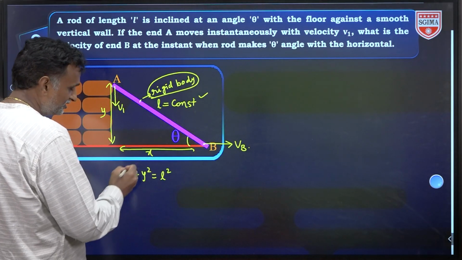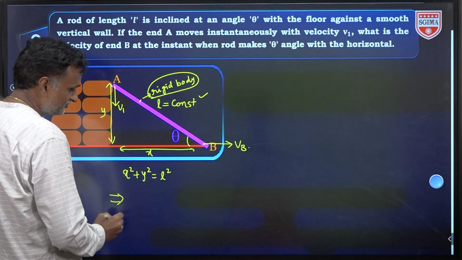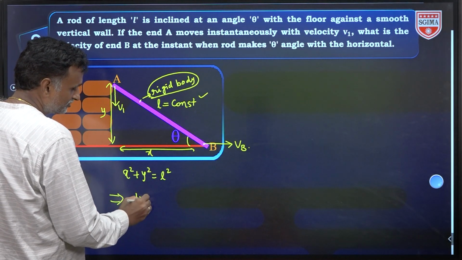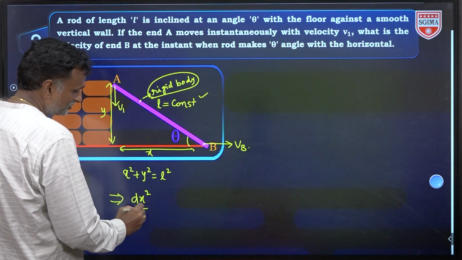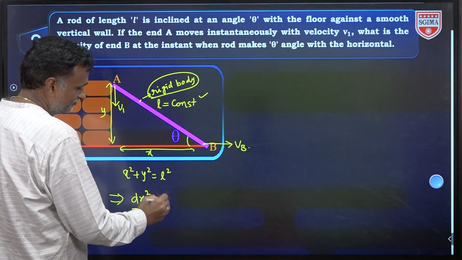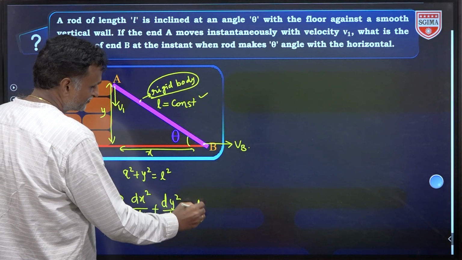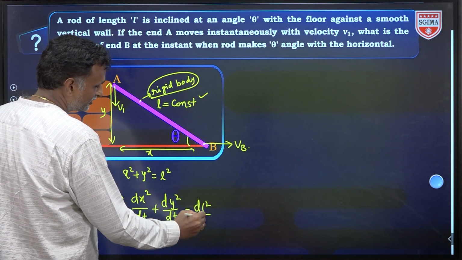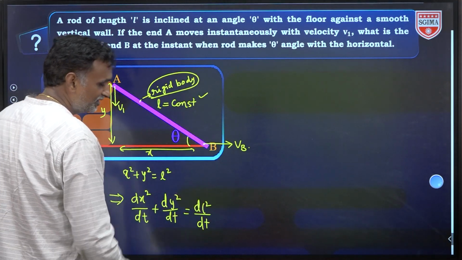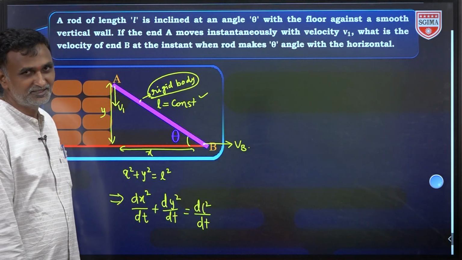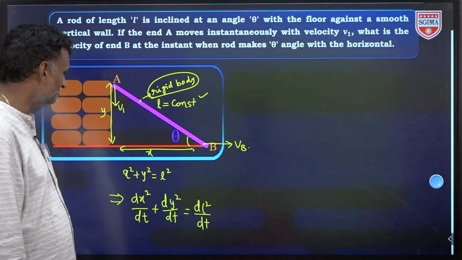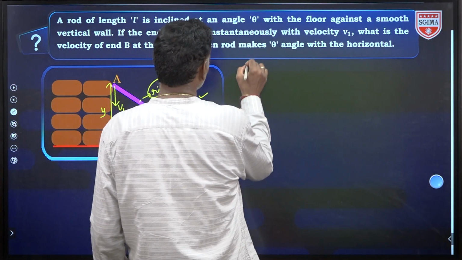So, first of all, differentiation of this equation with respect to time: d(x square)/dt plus d(y square)/dt equals d(L square)/dt. Being L constant, the differentiation of a constant will be 0.